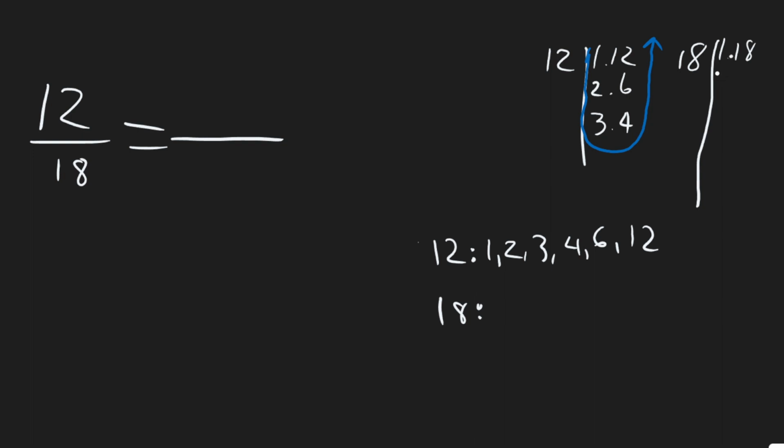After 1, I say 2, 2 and 9, and 3 and 6. And 4? No, because 4 doesn't divide 18. 5, no. 6, yes. Oh, I go back to 6 again. So I stop here at 3, because if I go back to 6 again, I already have 6.